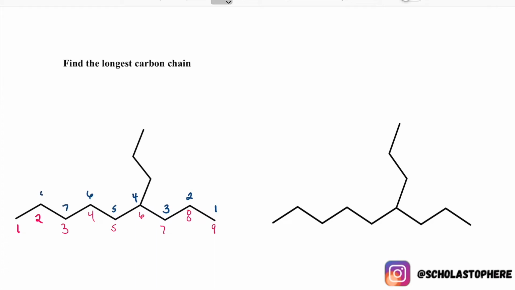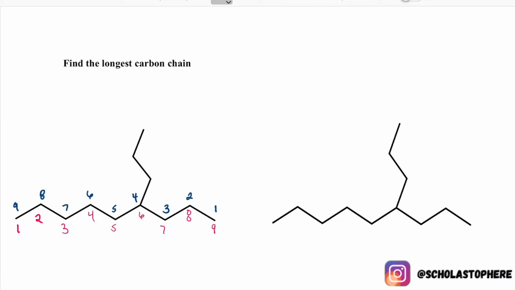The purpose of numbering in this sequence or different order is because when you do this, you're going to see that the substituent group that is attached to the longest carbon chain, in this case, the longest carbon chain consists of 9 carbons. So it will be nonane with the suffix of ane at the end.